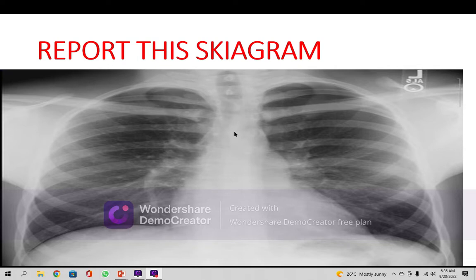The next point you see is the lungs. Lung areas are divided by the second rib, you make an imaginary line, and the fourth rib, you make a straight line there. There are 6 areas or zones: right upper, right middle, right lower, the left upper, left middle, left lower.